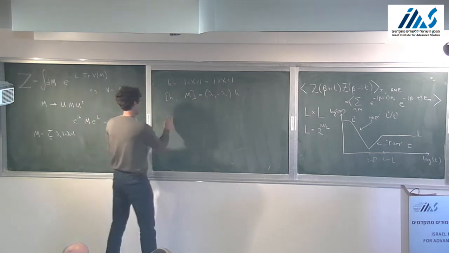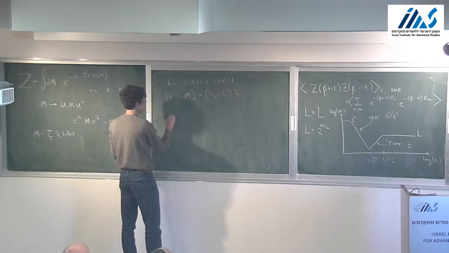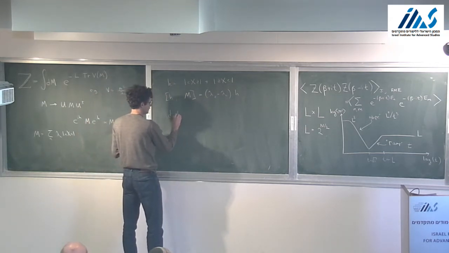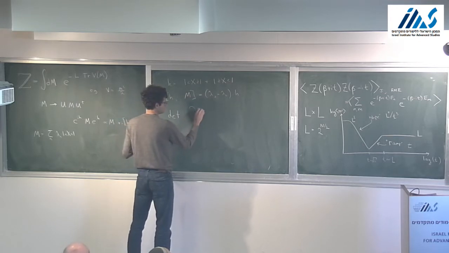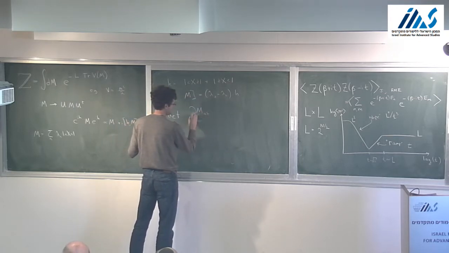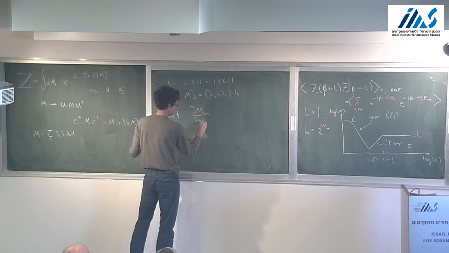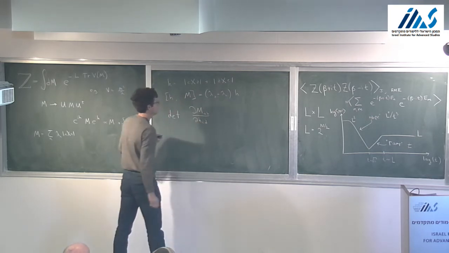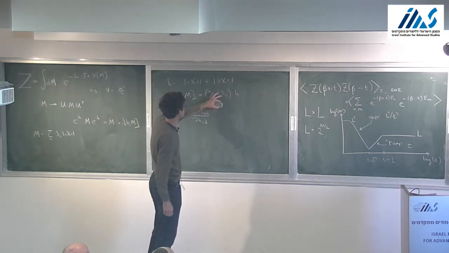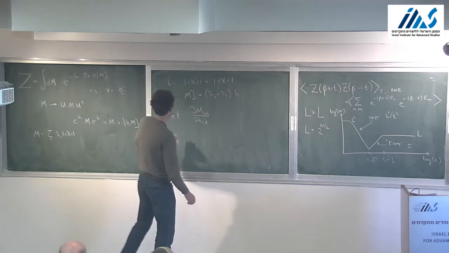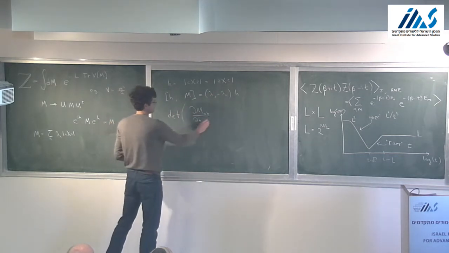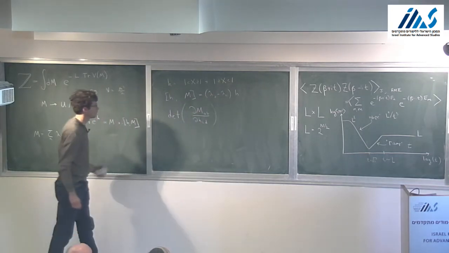That means that this little h here is an eigenvector of the operator dM_AB over dh_CD, an eigenvector with this eigenvalue, lambda D minus lambda C. And the determinant we want, the Faddeev-Popov determinant, is just this determinant.